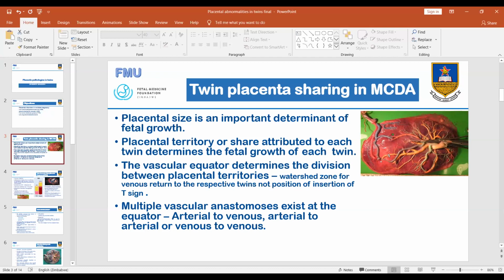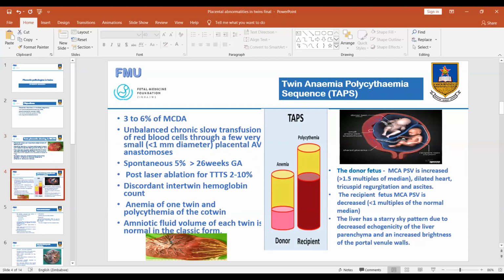So in monochorionic pregnancies, at the vascular equator, we have multiple vascular anastomoses, which may be arterial, arteriovenous, and also veno-venous. The connections that we find at the vascular equator determine the outcome of that pregnancy, and they also determine the type of complications that we are going to see in that pregnancy.